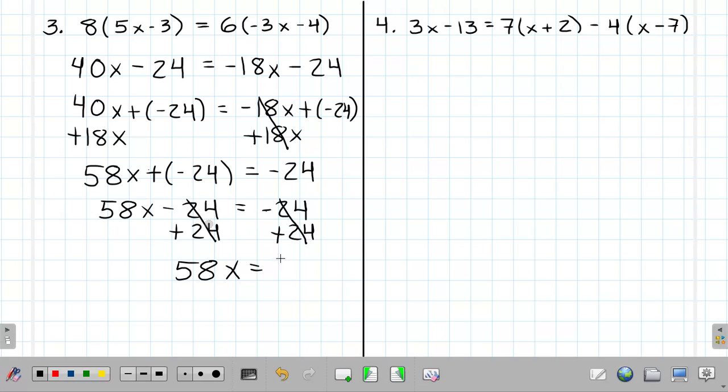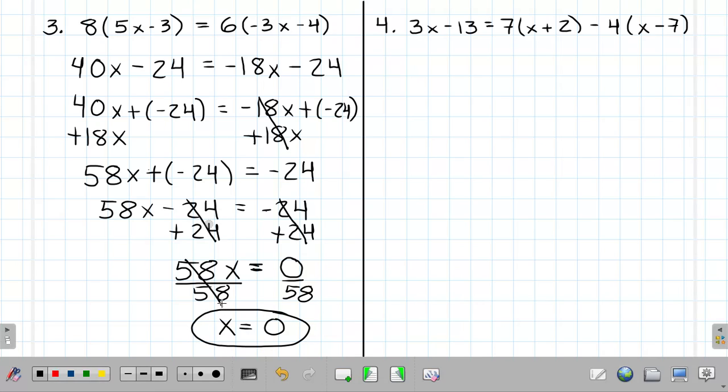Well, technically, when that happens, we have 0. So you might be looking at this and saying, oh, that means there's no answer. 58 times something can't be equal to 0. Well, if you actually go through with it and divide by 58, you find that the answer is actually 0. And that is different.